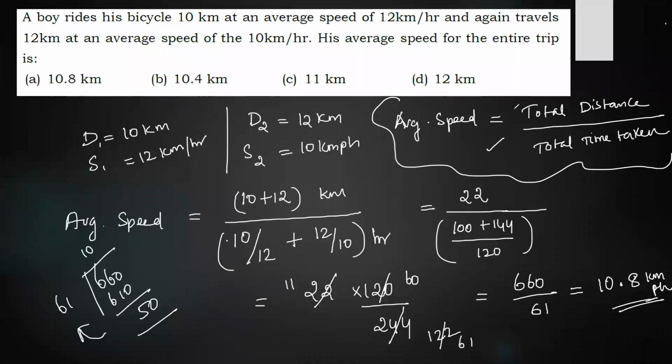But here both are different, right? Different distance, different time. Therefore, you apply this basic formula, total distance by total time taken. The time formula is distance by speed, so I'm finding the two times, T1 and T2, just taking LCM and dividing, that's all.